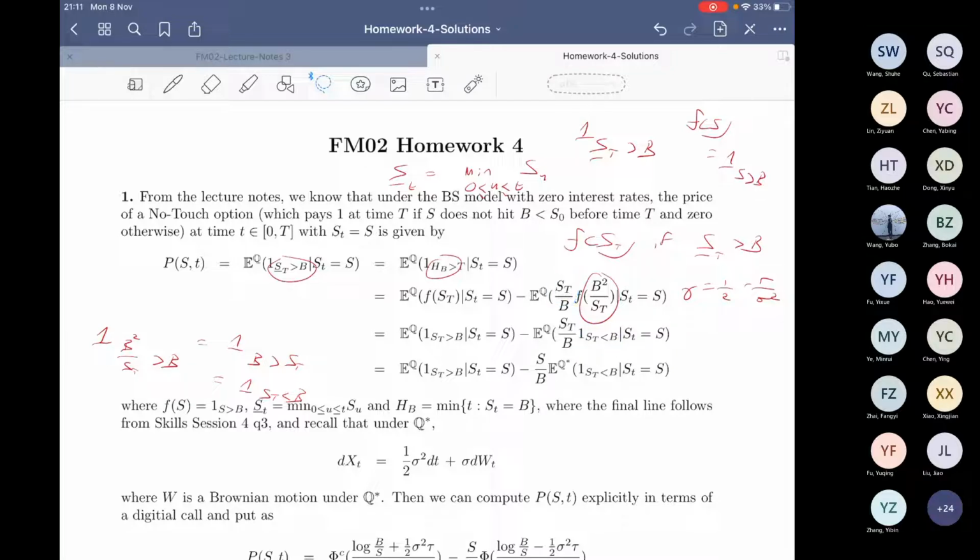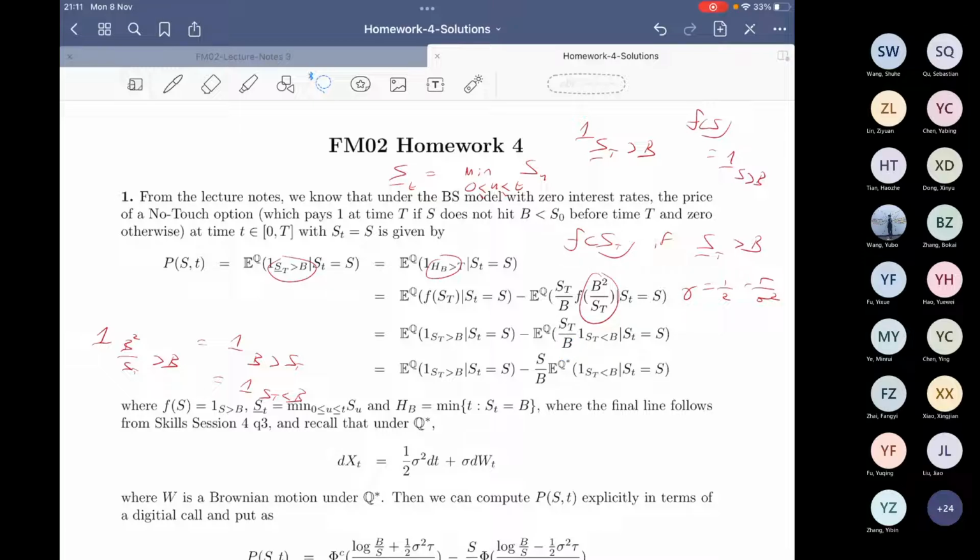But remember that, just before we went on the break, we showed that an expectation under Q of this form, where you had an S_T there like that, can be rewritten as an expectation under a different probability measure, where the S then gets taken outside. The b can also come outside because it's just a constant.